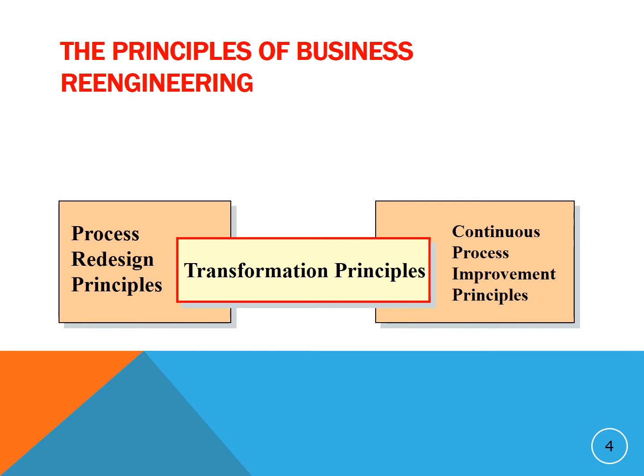So these questions can be answered through 3 sets of interlocking principles, these 3 principles just now. Next, we'll take a look at each of these principles in detail. What are the 7 process redesign principles? What are the 7 transformation principles? And what are the 6 continuous process improvement principles?